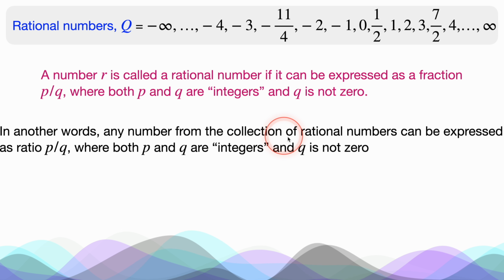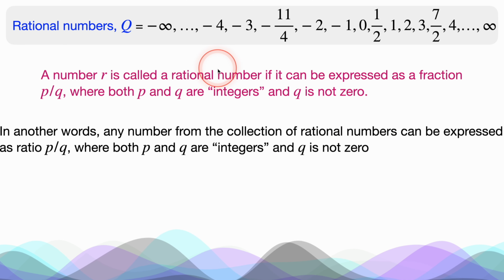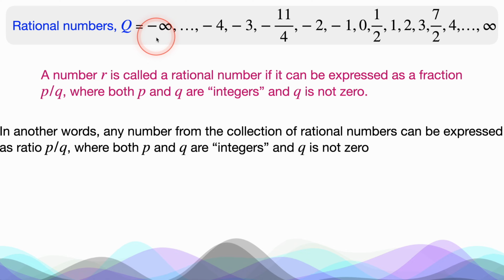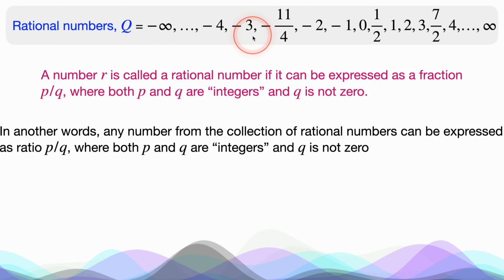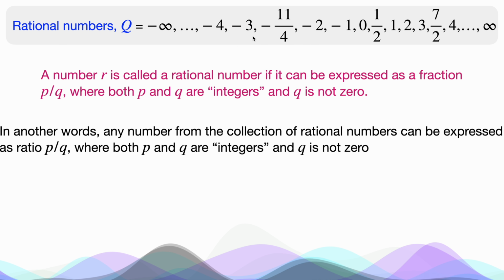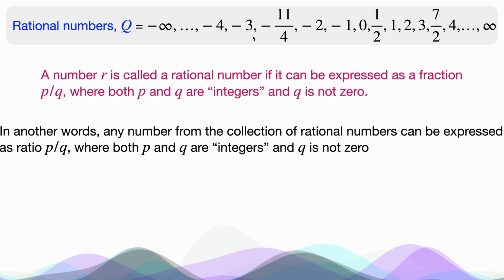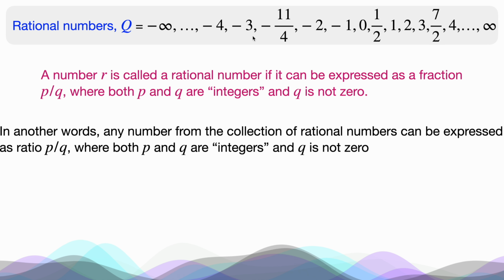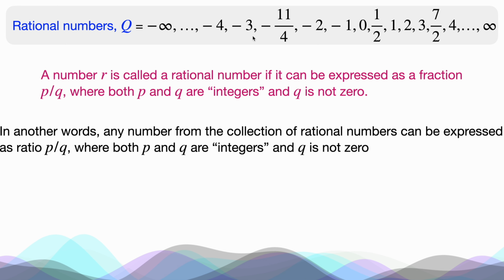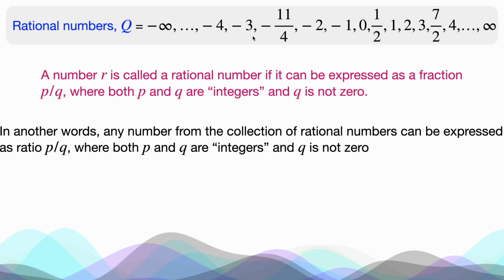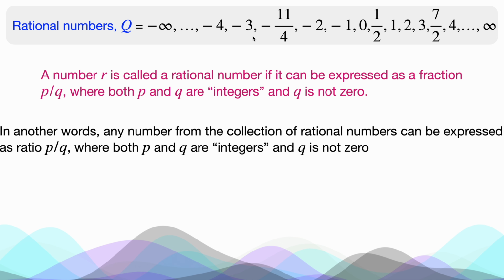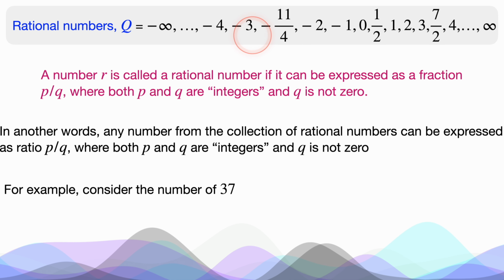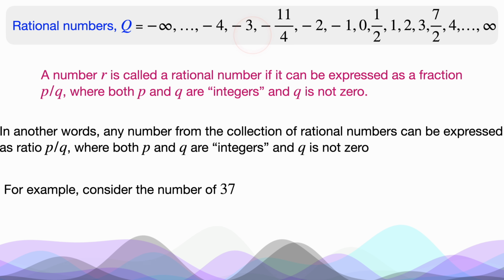So you take any number from this collection of numbers called rational numbers, we can express it in the form of p by q or p divided by q. There are two conditions that we have to satisfy. Both p and q have to be integers. The second condition is q should not be 0. Okay, so we will look at a few examples.